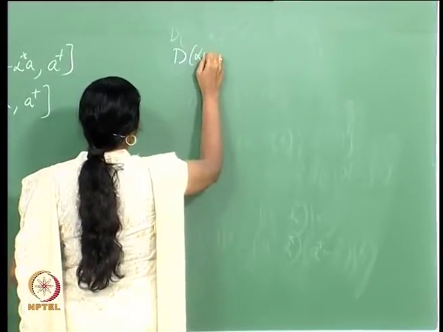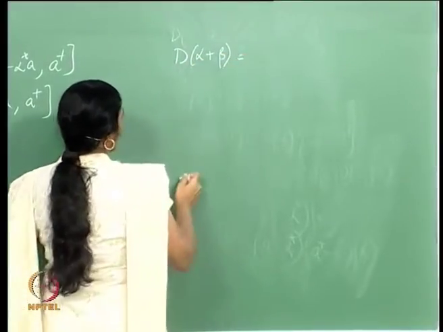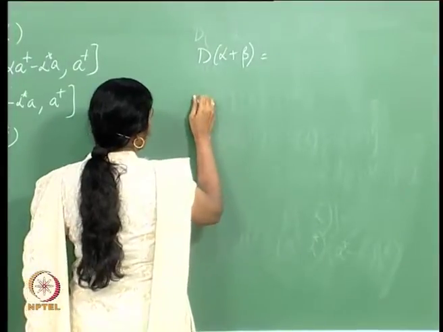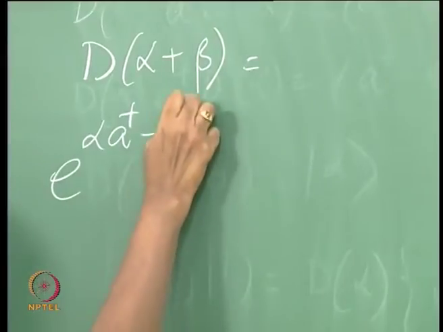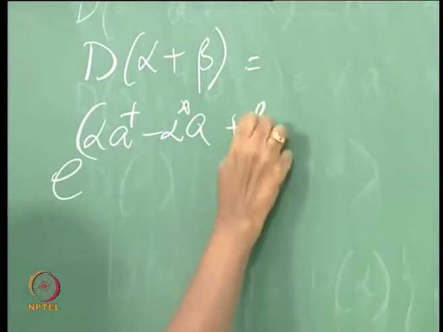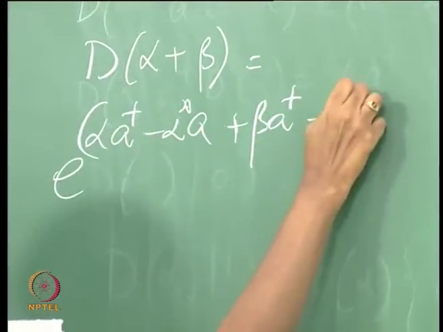Consider D of alpha plus beta. Now this object is e to the alpha a dagger minus alpha star a, plus beta a dagger minus beta star a.